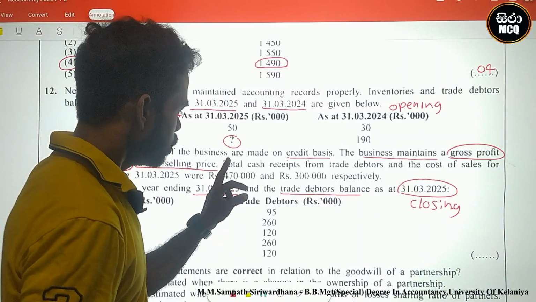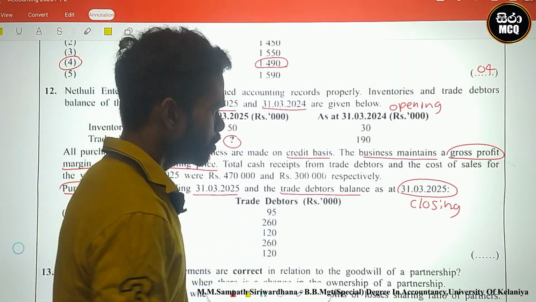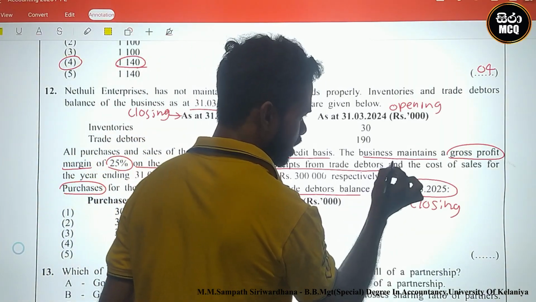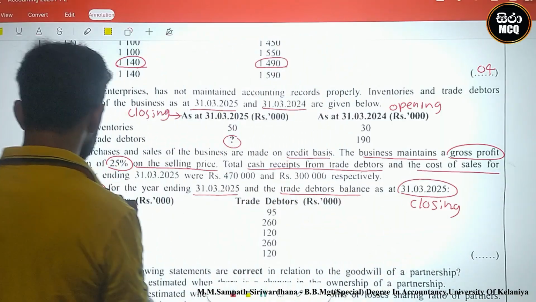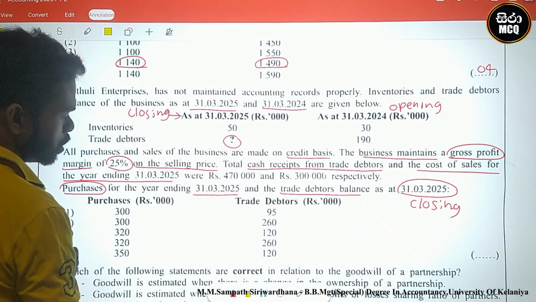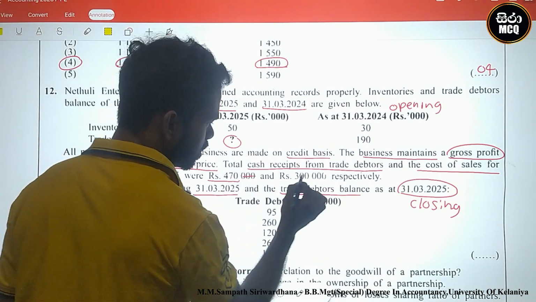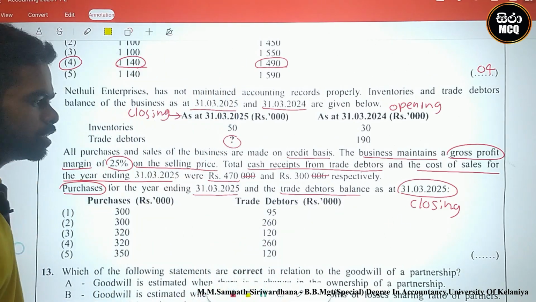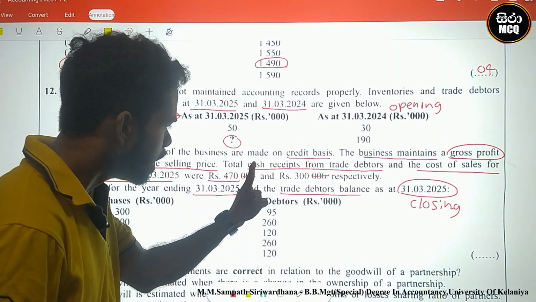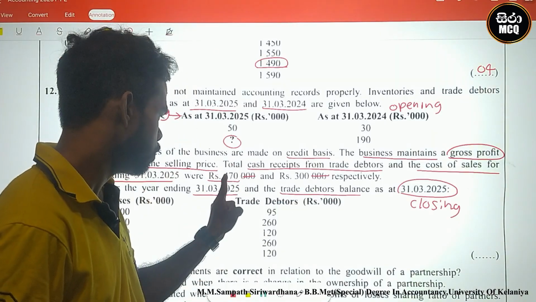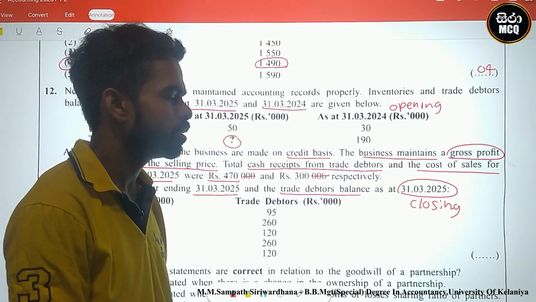Okay, the total cash received from trade debtors and the cost of sales for the year ending 31st March 2025 were 470 and 300 respectively. What is the first one? Total cash received from debtors, 470. What's the double entry?